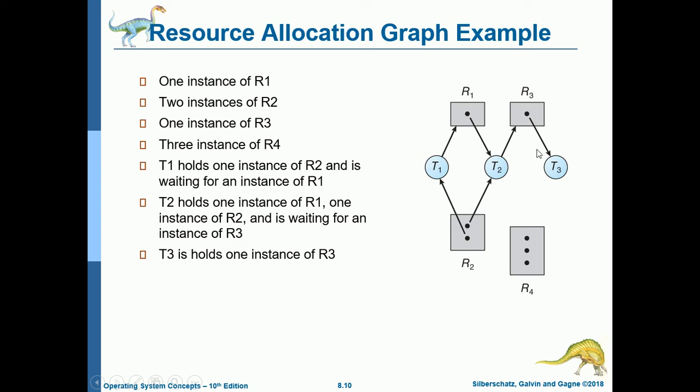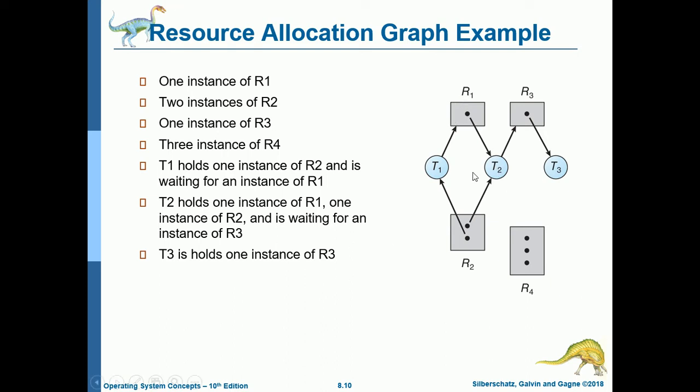So we have an illustration here. Resource 2 is assigned to T sub 1, meaning thread 1 holds an instance of R sub 2, and we also have an arrow going from T sub 1 to R sub 1, meaning T sub 1 requests another resource, or rather is waiting for an instance of R sub 1.